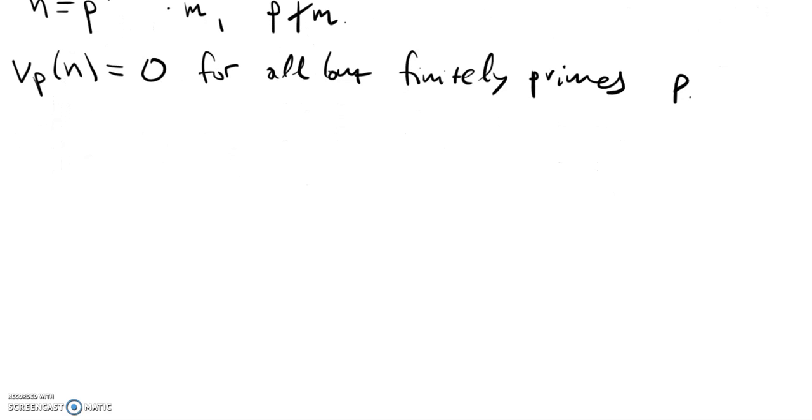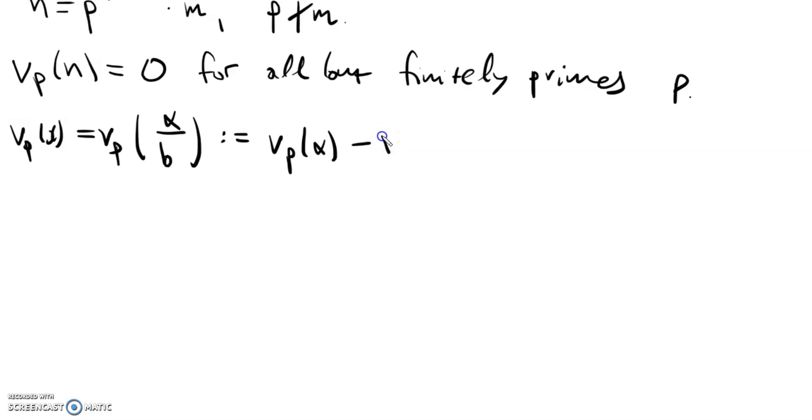Once we have defined Vp on Z, we can extend it to Q in the obvious way. Vp of x, where x is a rational number written as a over b, is by definition Vp of a minus Vp of b.